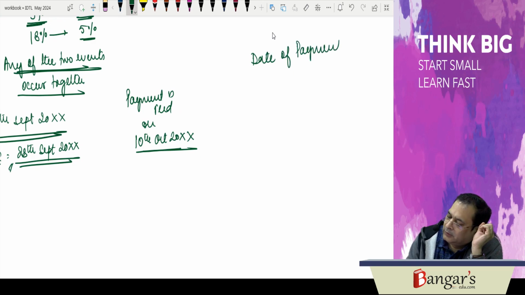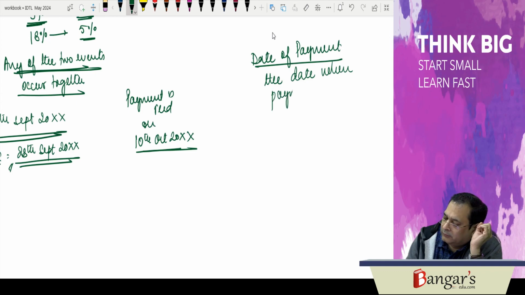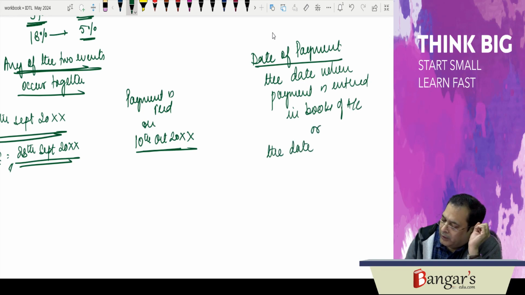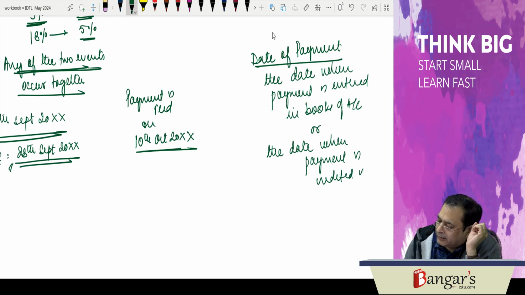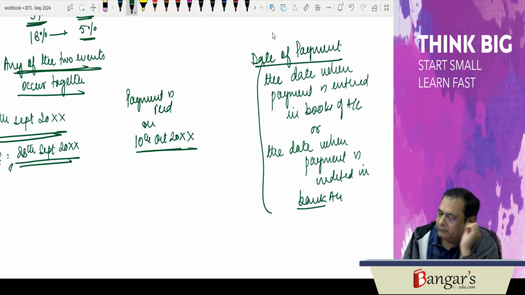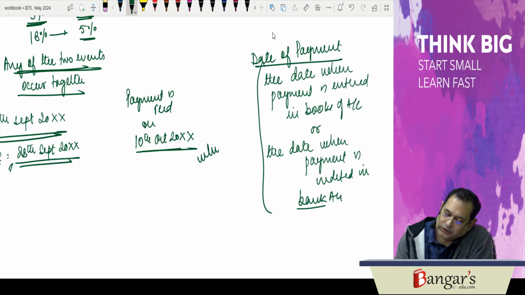Date of payment is the date when payment is entered in books of accounts, or the date when payment is credited in bank account, whichever is earlier.